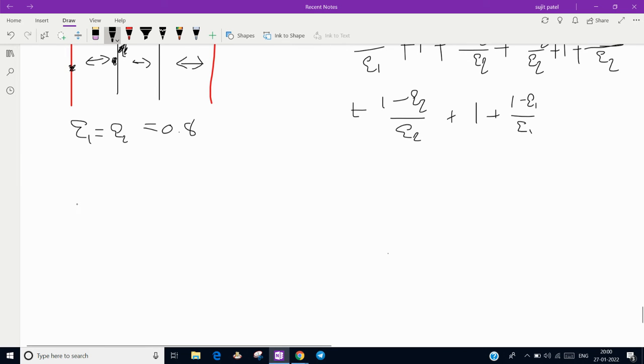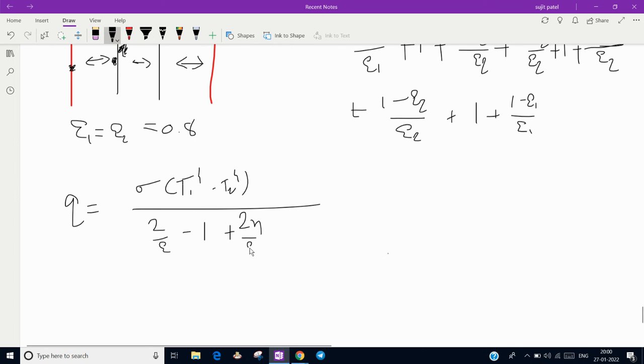So whenever the emissivity of all the plates is the same, including the radiation shield, our formula is sigma into (T1 power 4 minus T2 power 4) divided by [(2 times (1/epsilon) minus 1) plus n times (2/epsilon minus 1)], where n is the number of radiation shields.